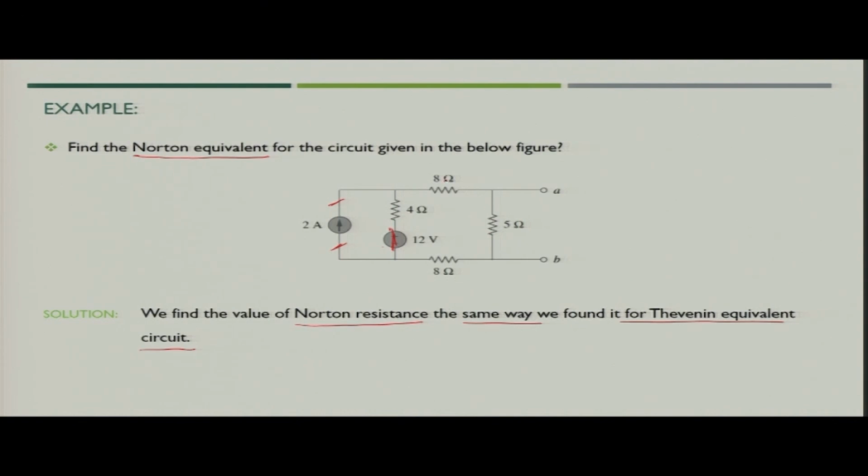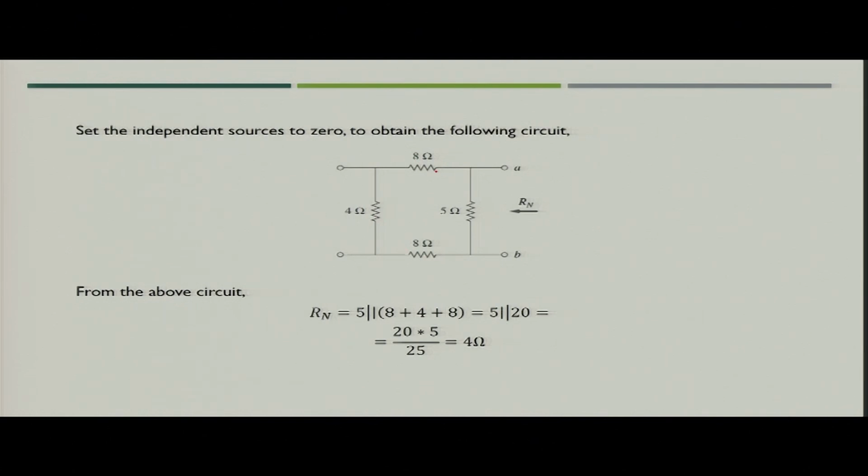So, we have 4 resistances of 8 ohm, 5 ohm, again 8 ohm and 4 ohm, in this combination. The input resistance across terminal A B would be nothing but the Norton's resistance, or you can say Thevenin resistance. What would be the value? If you see the circuit, you will come to know that this 5 ohm is in parallel with the series combination of these 3.